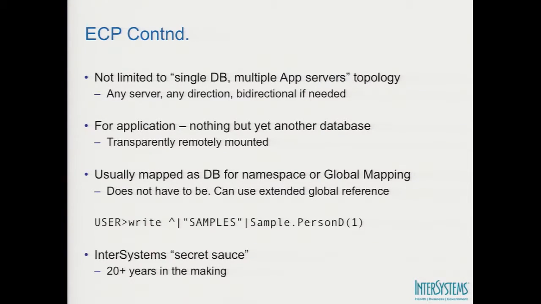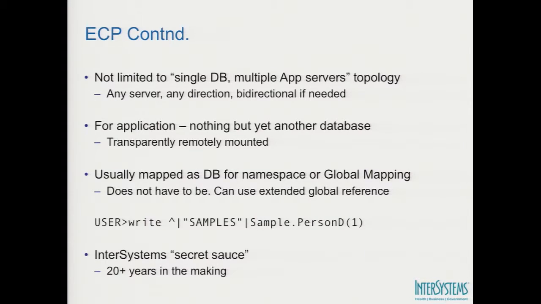In fact, we're not limited to that architecture. You can connect any server to any server in any direction, and it can even be a bidirectional connection between two databases on the servers. Typically, it's transparent to the application. We just remotely mount the database, and Caché and ECP do all this magic underneath, but it doesn't have to be.